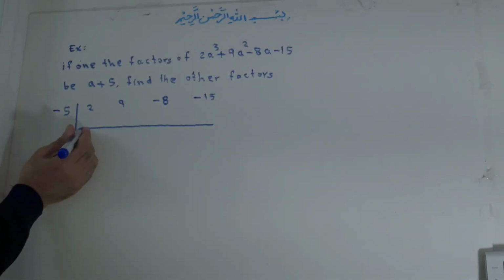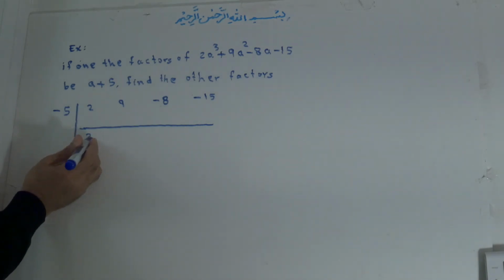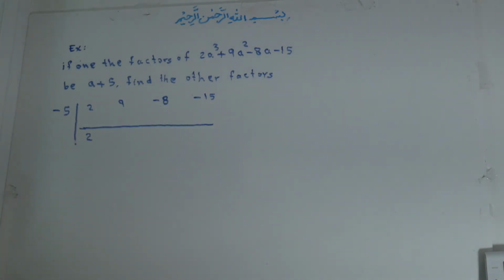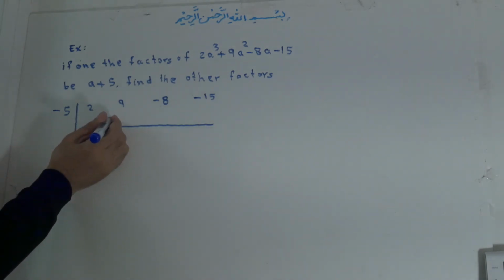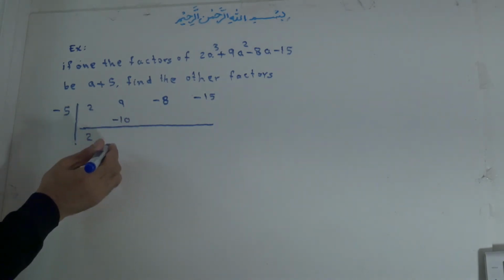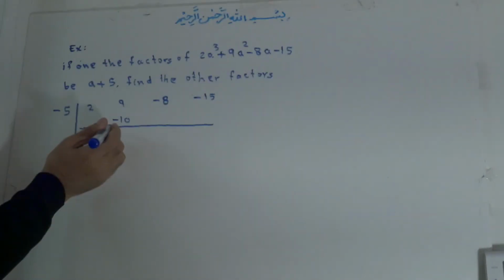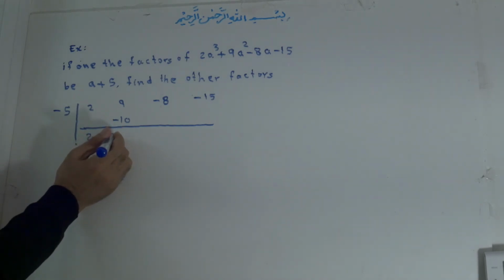First we carry down the 2, the first one, 2. Now what we do, we multiply this one with this, positive times negative is negative, 2 times 5 is 10. Now we add this one algebraically, minus 10 and plus 9 is minus 1.